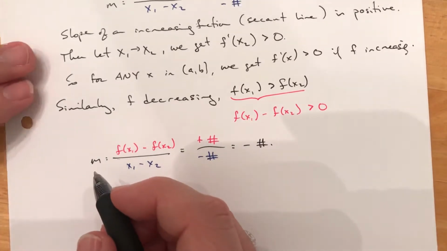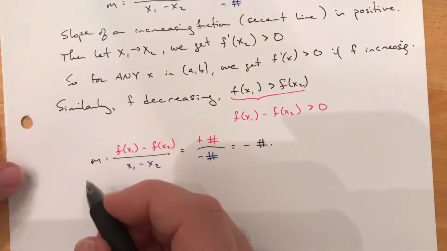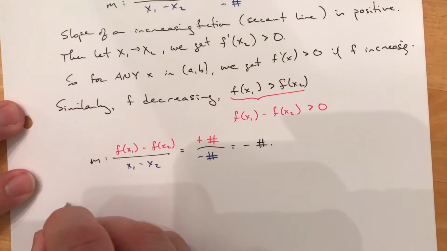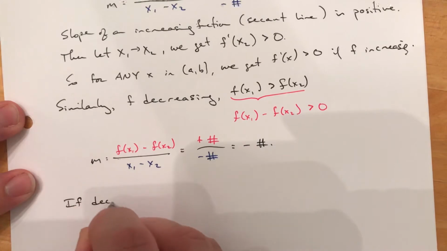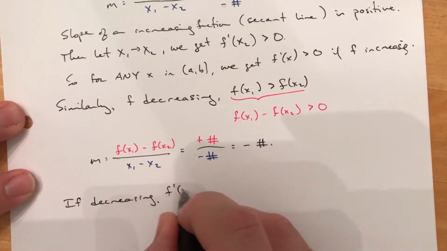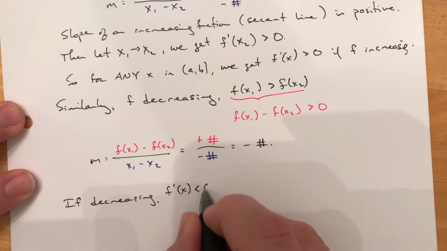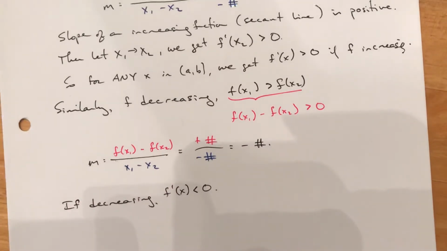Apply the same idea about the derivative, take a little limit, and we get that if f is decreasing, then f prime of x is going to be negative. Now we have some nice calculus tools that will allow us to talk about increasing functions versus decreasing functions.